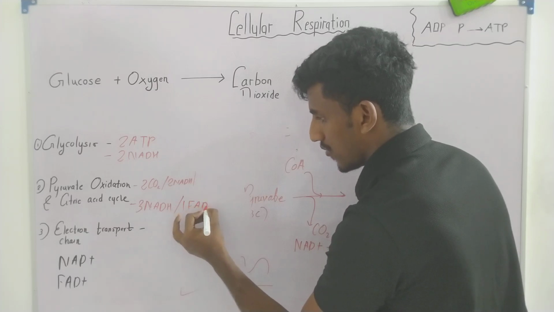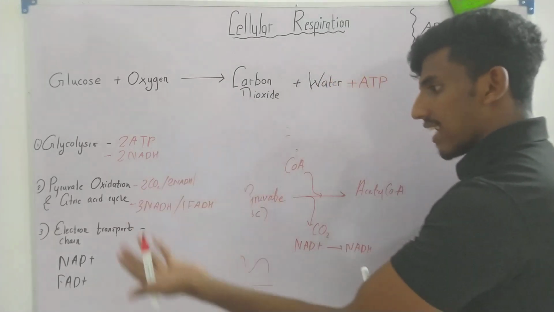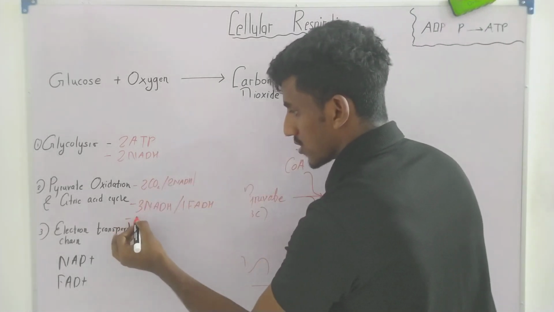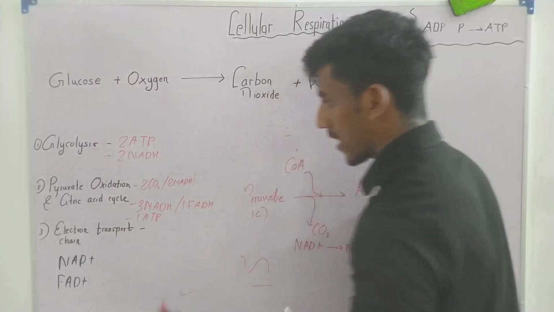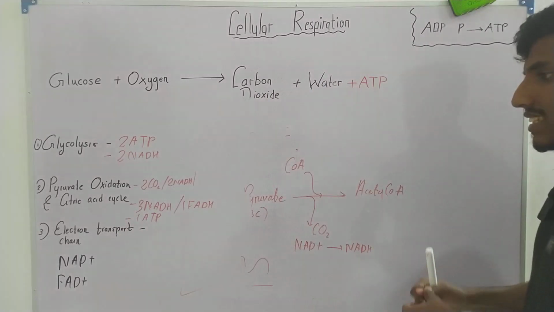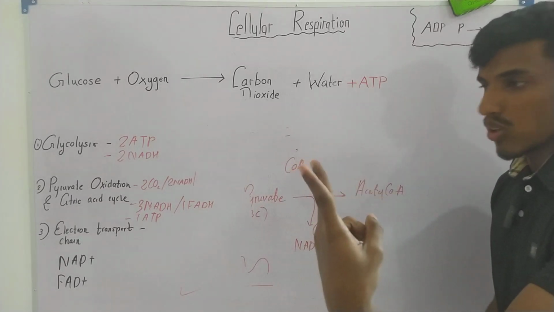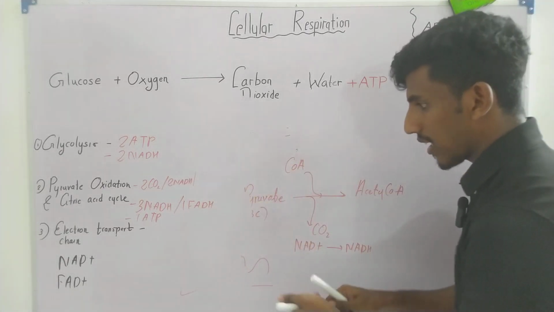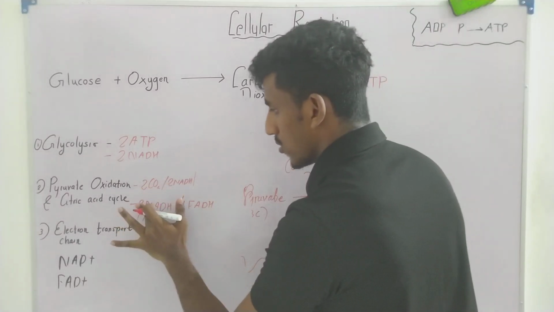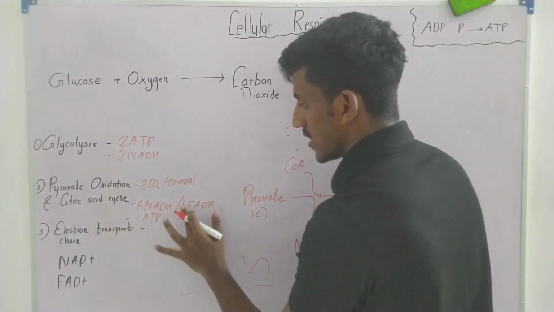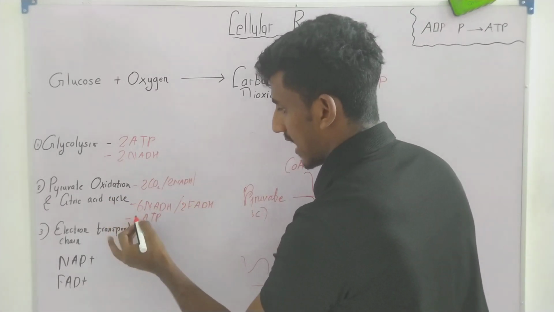As I told earlier, FADH is also an electron acceptor, and they can also produce 1 ATP molecule per pyruvate. Now, this is for one acetyl-CoA, but we have 2 acetyl-CoA. Why? Because we have 2 pyruvates, right? So all these are multiplied by 2. NADH multiplied by 2, so we have 6 NADH. FADH multiplied by 2, we have 2 FADH and 2 ATP.